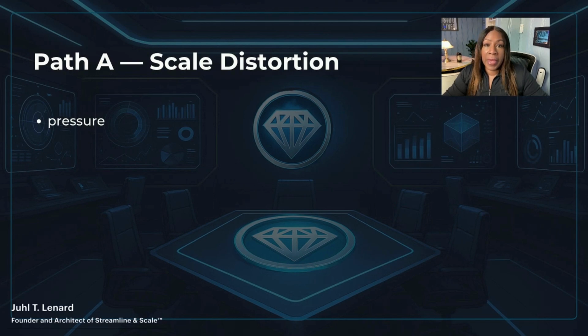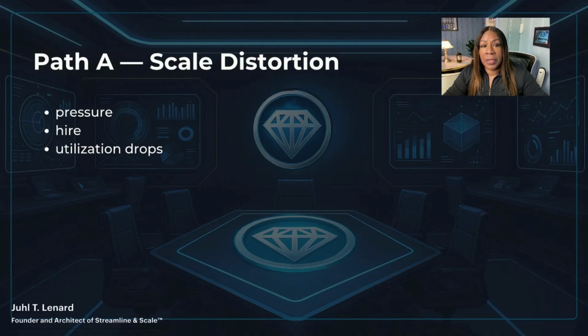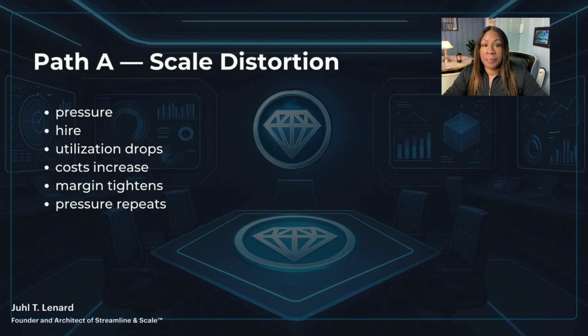So we're going to look at path A. If we decide to scale the distortion by hiring, there's pressure, we hire, the utilization drops, the costs increase, and the margin tightens. Pressure keeps repeating.